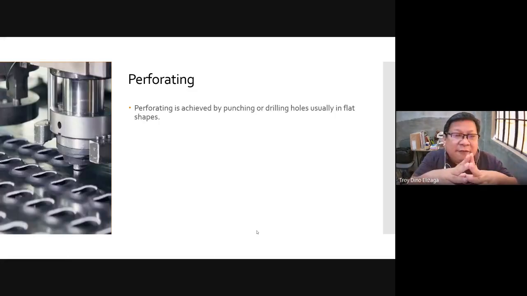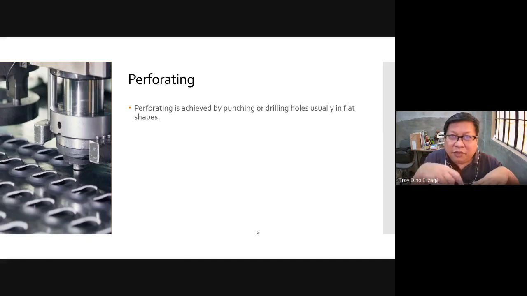Now, perforating is putting holes on a flat sheet, but this time you're putting a uniform arrangement of holes in a flat sheet. So that's perforating. Later on, there's what we call piercing.